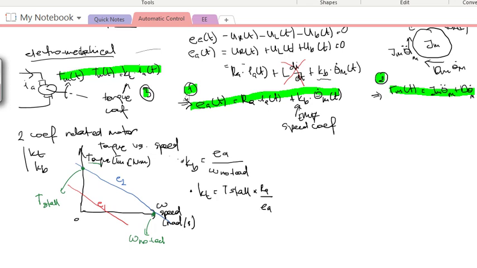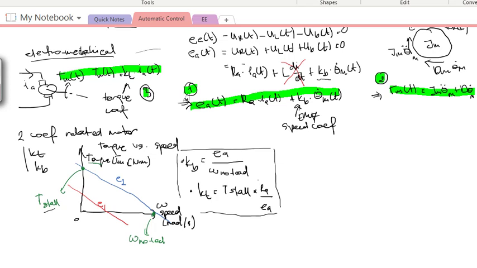So it's T stall multiplied by RA over EA. In this case, if we take this T stall, EA would be E2 and RA is RA, which can be found in the catalog of the motor or in the question of your exercise. So that's how you find KB and KT.